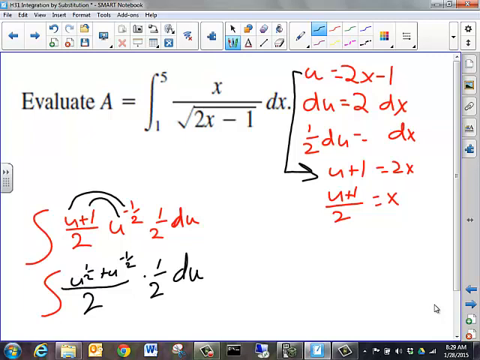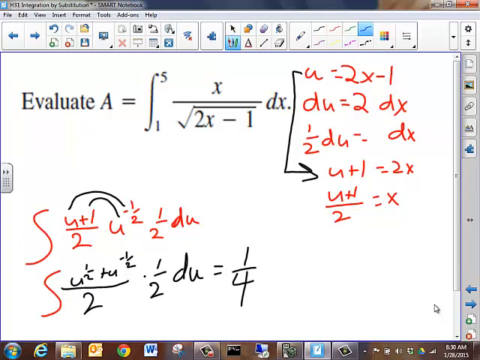So what do you want to do now? Anyone? Claire's got us to here. Someone else tell us what you want to do now. Okay. Jerry says, I'm going to move 1 over 4 out of the integration. Explain to us where the 1 over 4 came from. It's 1 over 2 times 1 over 2. Right.